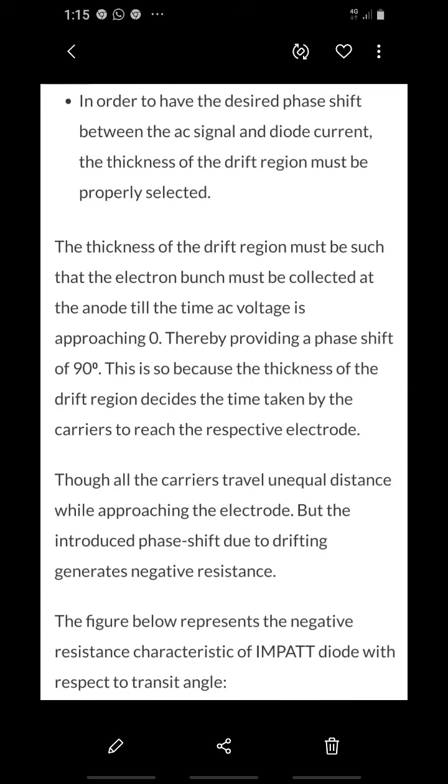The thickness of the drift region must be such that the electron bunch is collected at the anode till the time the AC voltage is approaching zero, thereby providing a phase shift of 90 degrees.